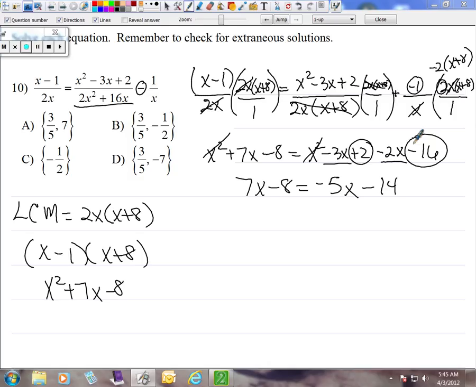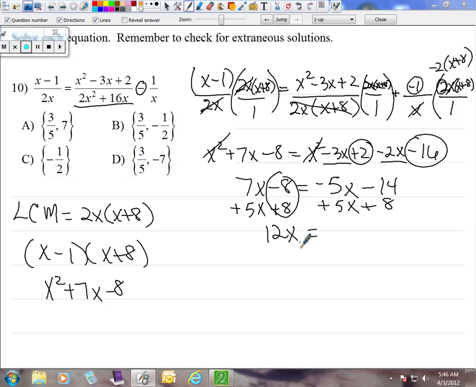So to get this to work, we can add 5x. That gets the 5x over here. And then we can add 8. Let's see what we get here. So the 8's are gone here, leaving me 12x equals, what do we got here?